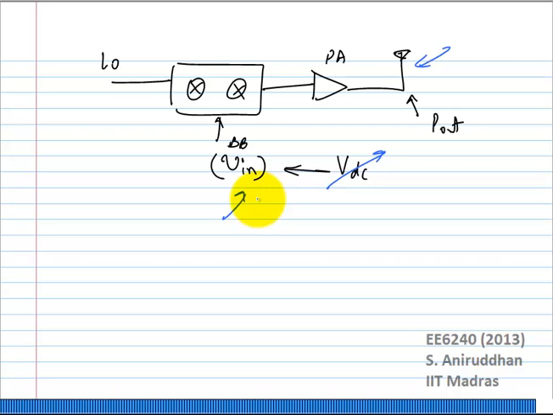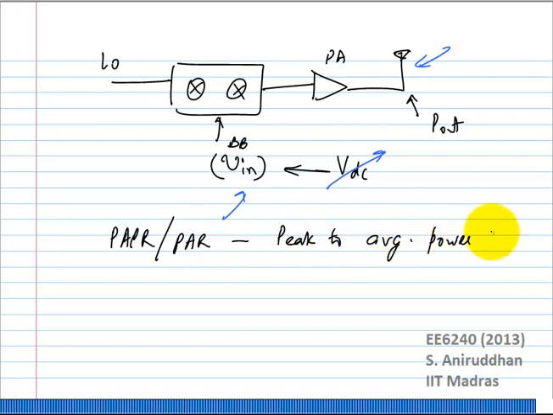So you will find many people talking about what is called PAPR or PAR and so on. Okay. This refers to the peak to average power ratio. Now different signals, depending on the modulation scheme you use, can have different peak to average ratios. In some sense, if you want to get a certain output power, the RMS signal going into the baseband is only a certain value.